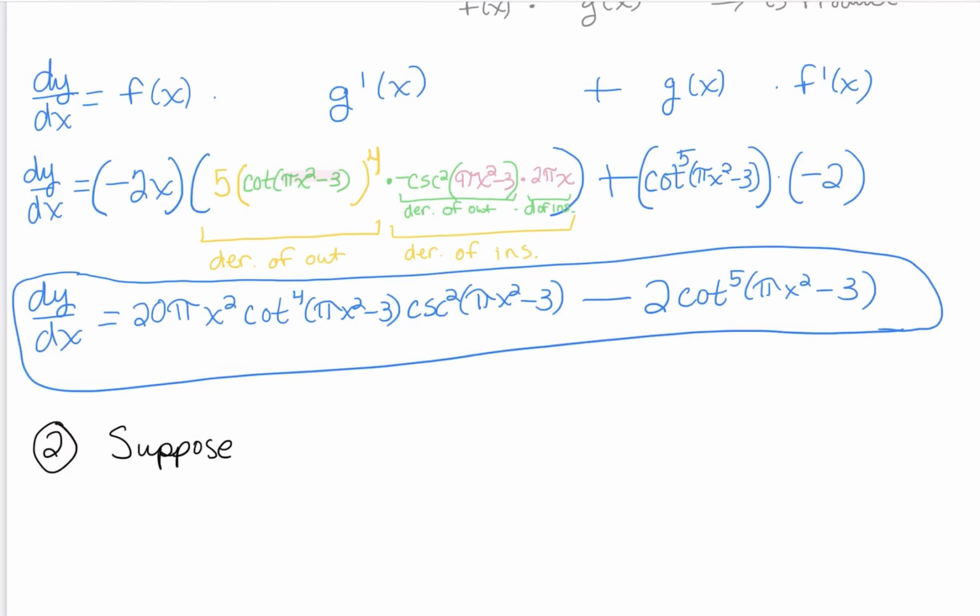So suppose we have h that is defined to be f, the fog function. Remember seeing that? That's the composition, f of g of x, but you should know that notation.